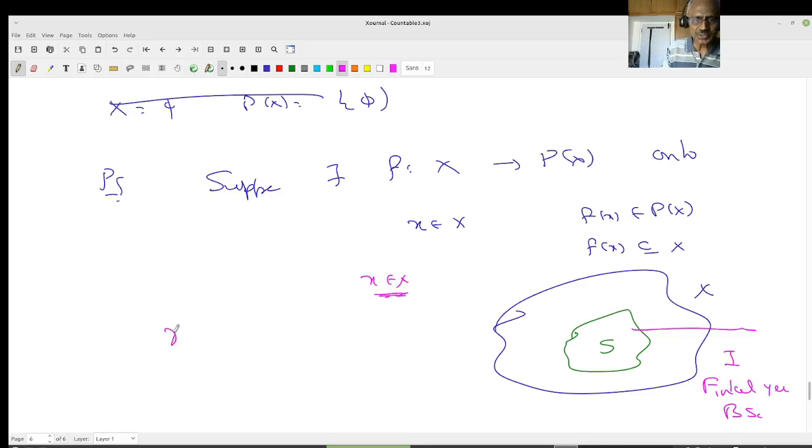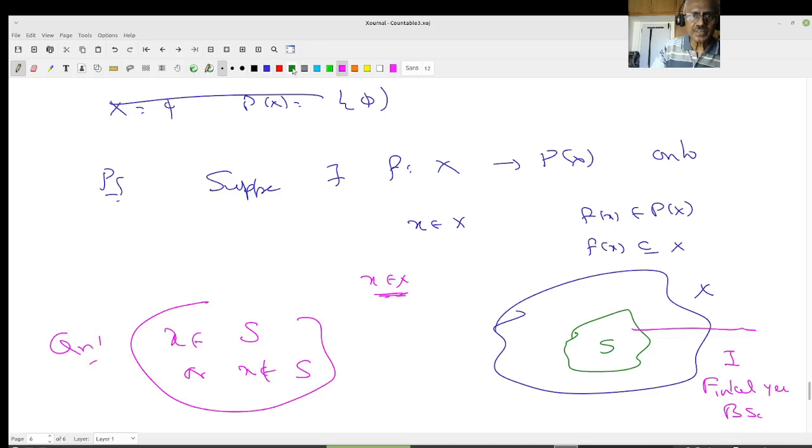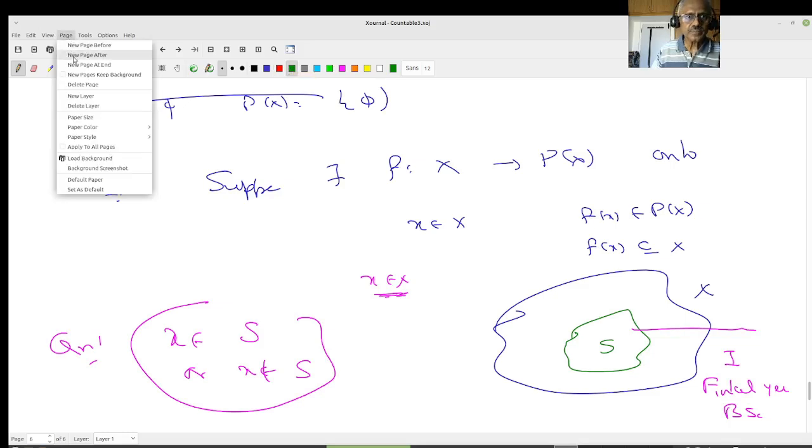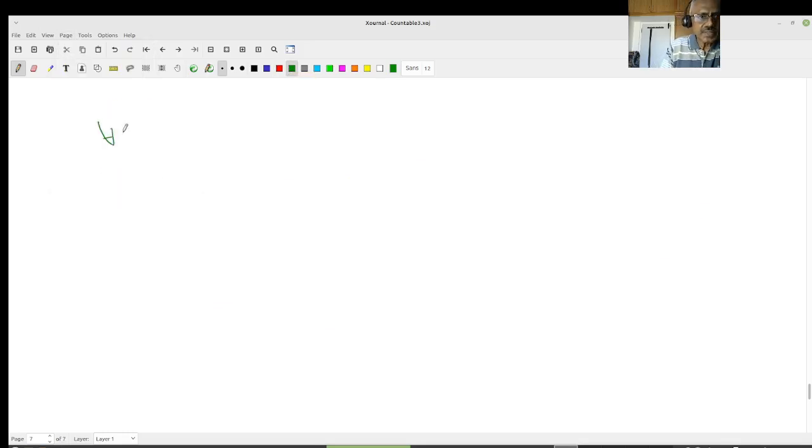So the natural question is whether x is in S or x is not in S. This is the question we will ask. Now try to understand this. You have told me for each x in X, f(x) is a subset. Therefore the question is, does x belong to f(x)?